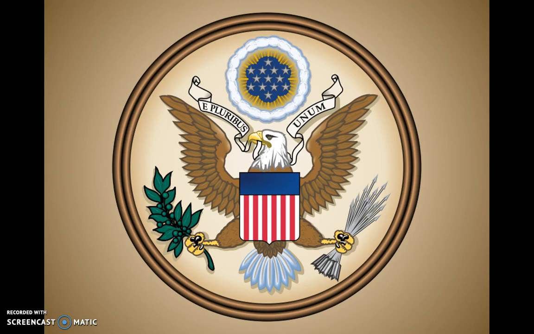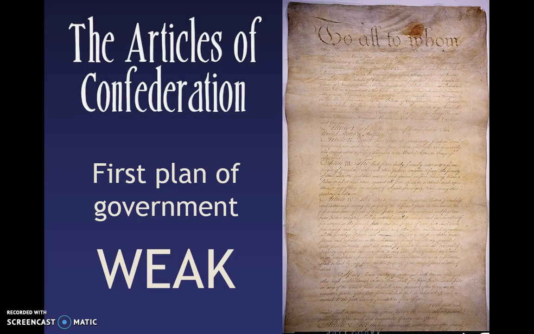You know what? It's not the case, because after the American Revolution was over, even while we were still fighting the American Revolution, there was this Constitution that was written that guided its Congress, this somehow national body, guided this Congress how to function. And it didn't function very well, because the Articles of Confederation, this first plan of government, was weak. Right?